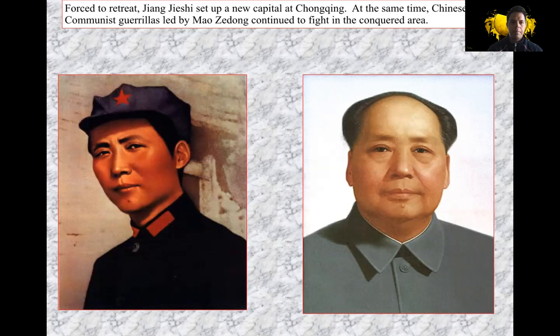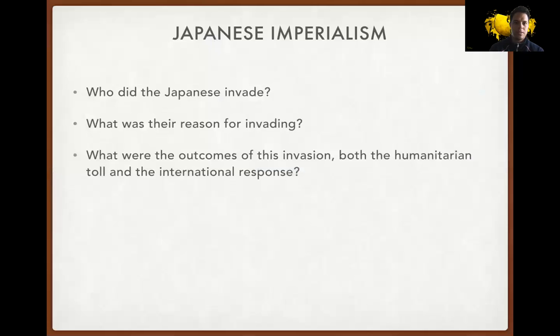And at the same time, a Chinese communist by the name of Mao Zedong would continue guerrilla fighting over the conquered areas. And this was seen as much, in essence, much more glorious a way to go out when confronted with such atrocities.